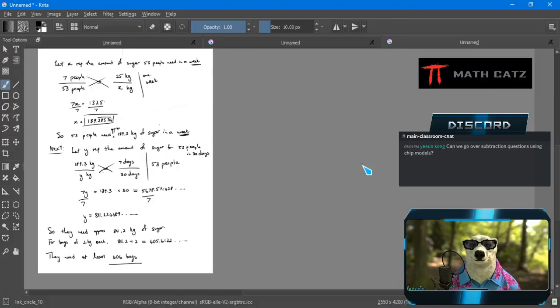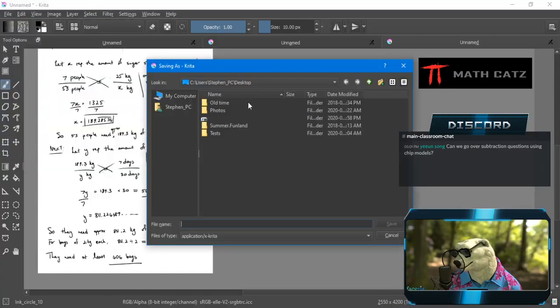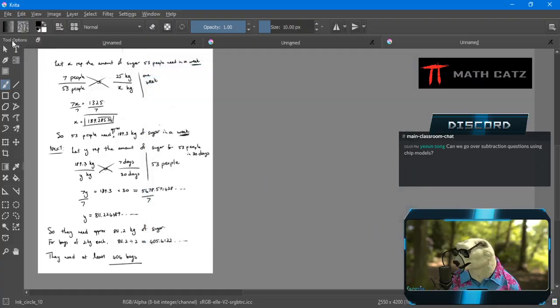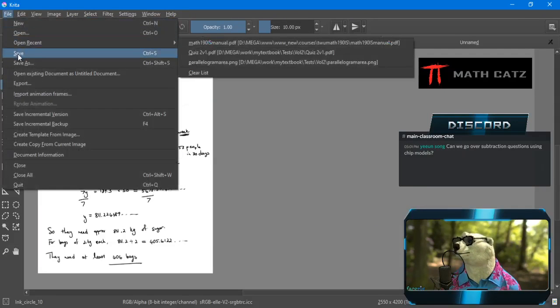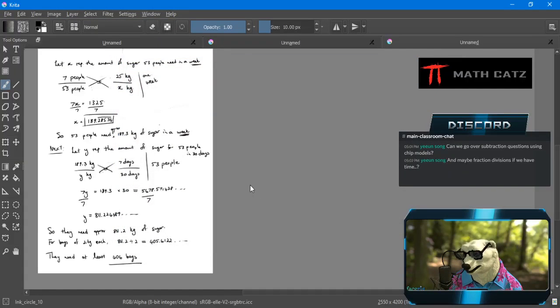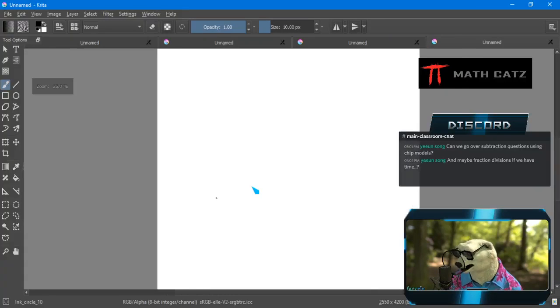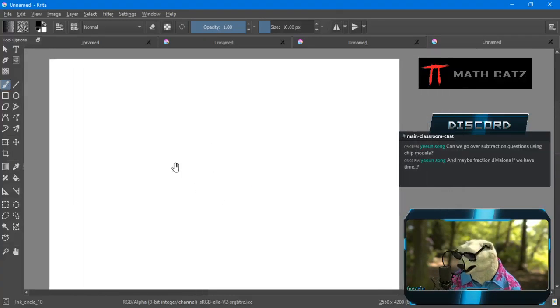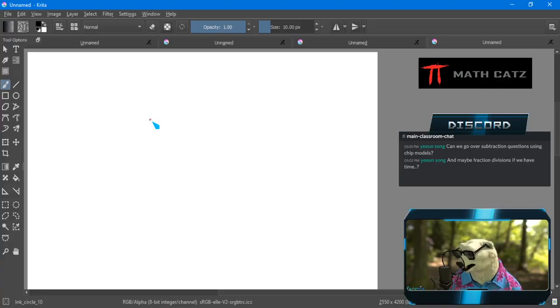So we can certainly do that. And then we will look at the chip model as well, sure. Exercise 16.24.